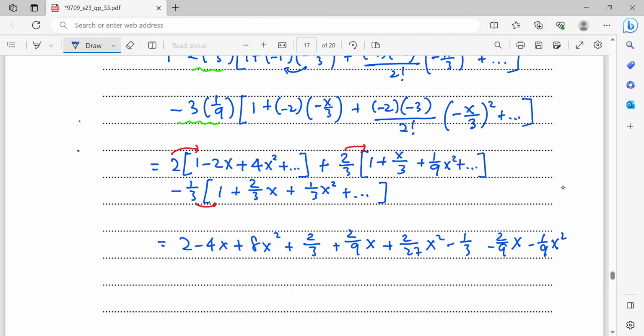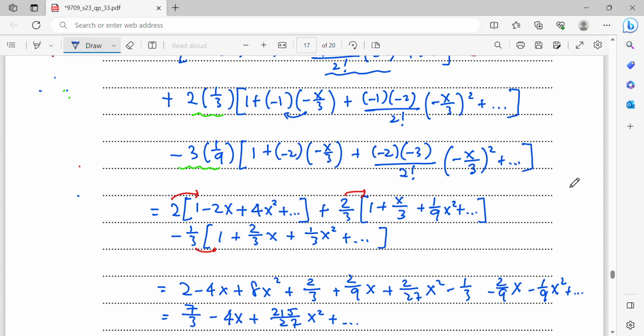So simplify the terms. So the constant will be 7 over 3, followed by the next term is negative 4x, and then last term is 215 over 27x squared. So here I should write plus dot dot dot. So these are the 3 terms. Okay, or I would say that this is the expansion up to x squared.